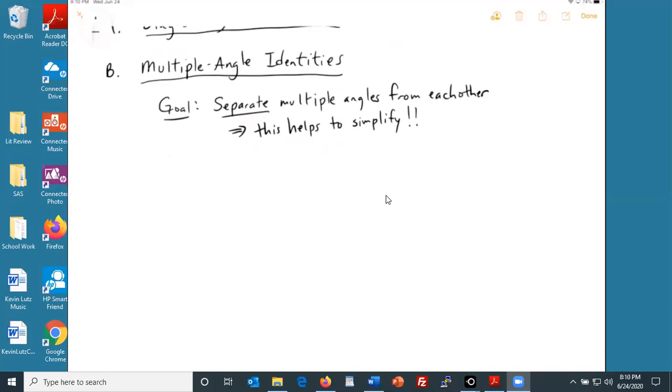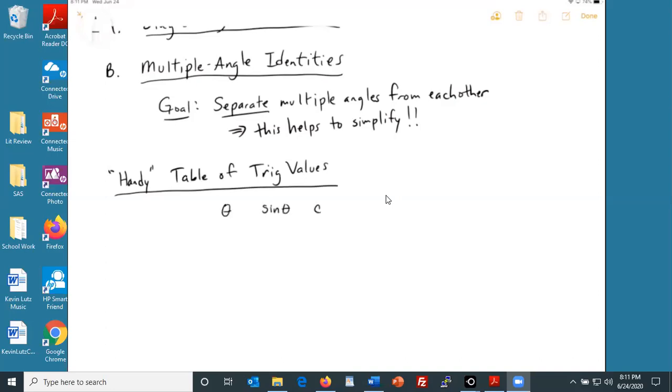So first, let's use a handy table of trig values. We're going to use this for some of the problems. So let's say we have the angle theta. We'll have the sine of theta, the cosine of theta, and the tangent of theta. That's all we're really going to need here.